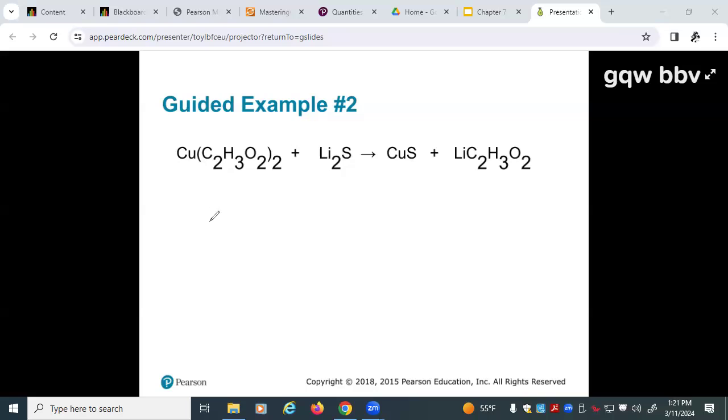Is this equation balanced? Answer here, no. How do we know that?